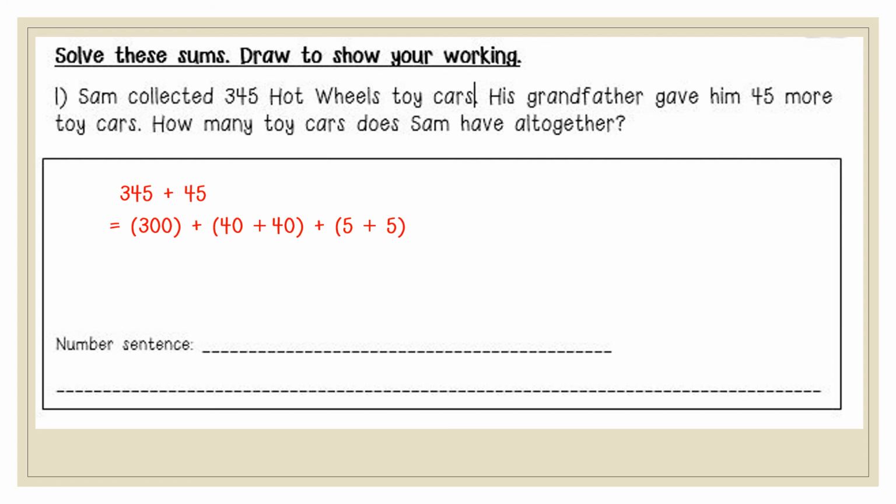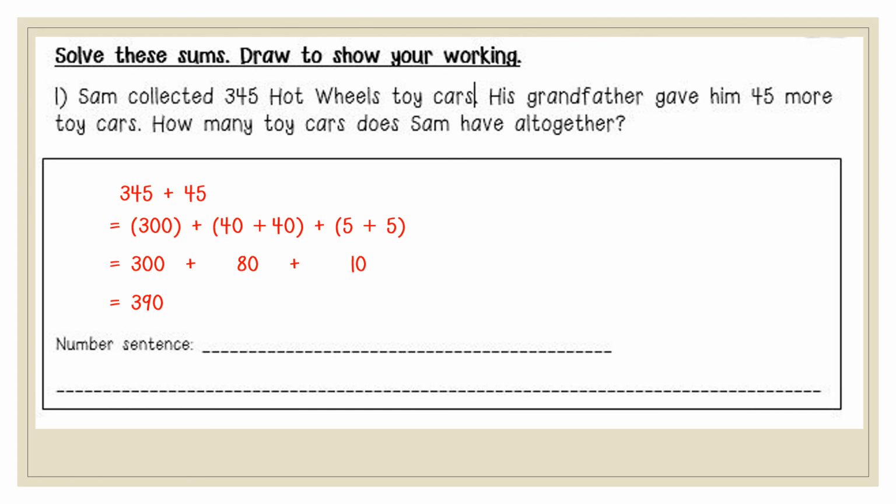Remember, there is no hundred for 45, so the 300 will just be alone, plus 40 plus 40, plus 5 plus 5. And then our next step, because the 300 is on its own, we just bring it down, and then we add 40 plus 40 is 80, plus 5 plus 5 is 10. And if we add 300 plus 80 plus 10, will give us 390.